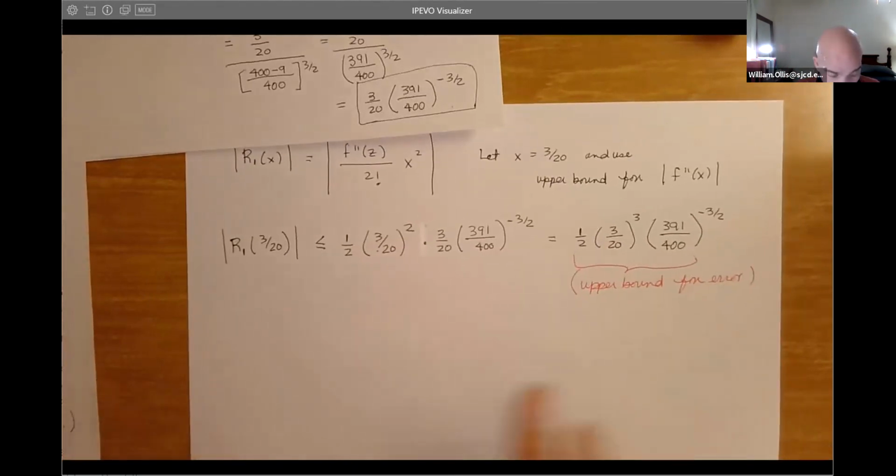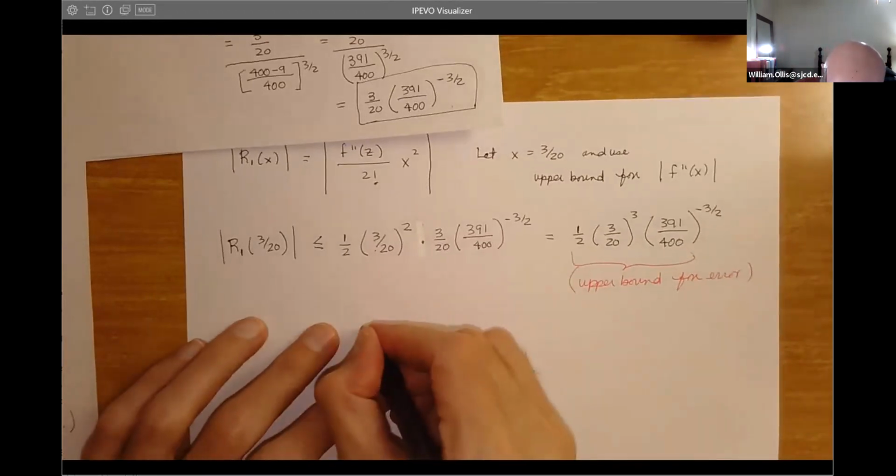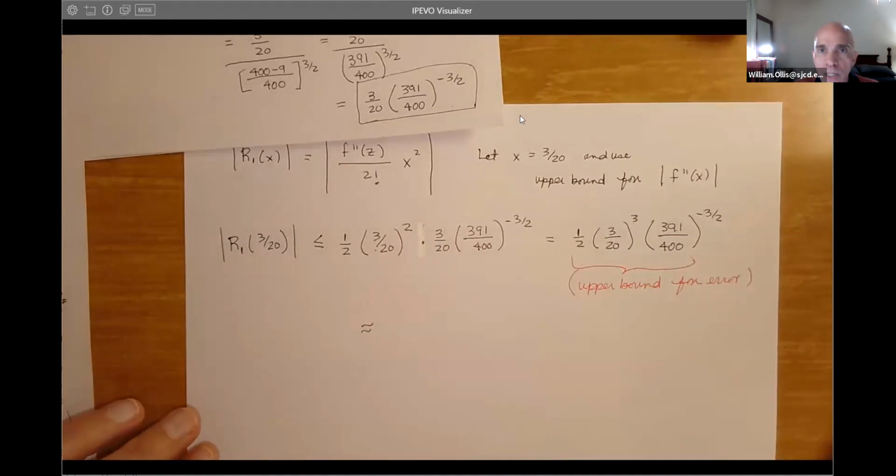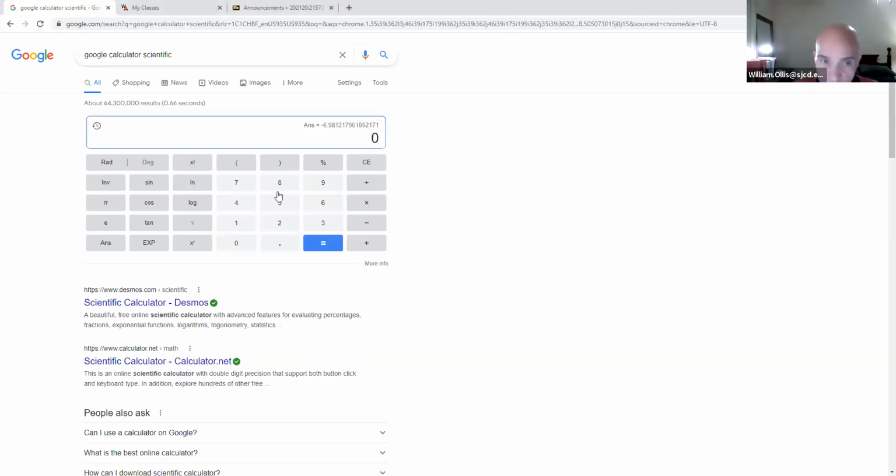Now, of course, let's go to Google and get an approximation of this. So let's stop the share and go back to Google. Let's clear this out. So we're going to have 1/2 times 3 divided by 20, just to get a ballpark figure of what this is.